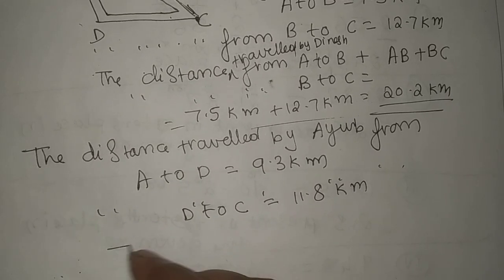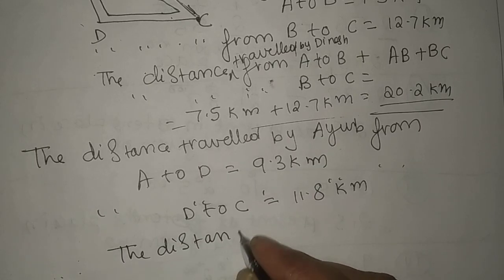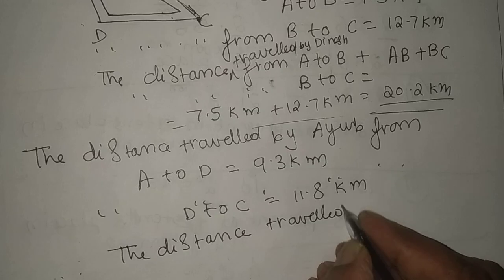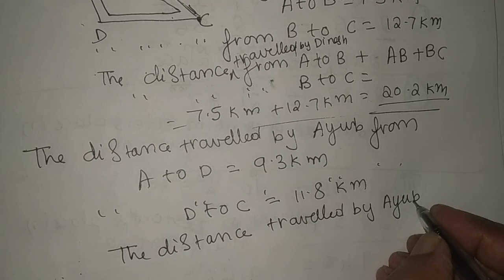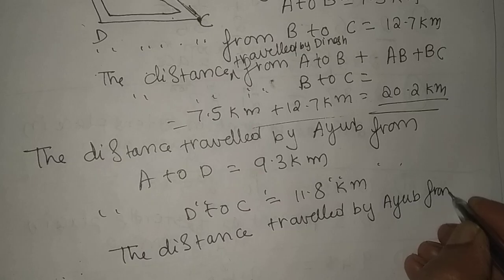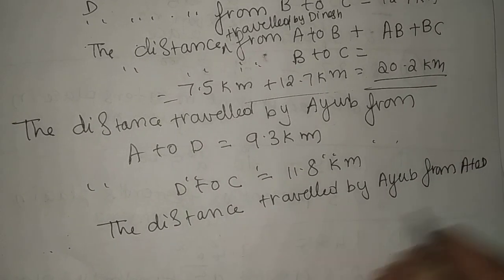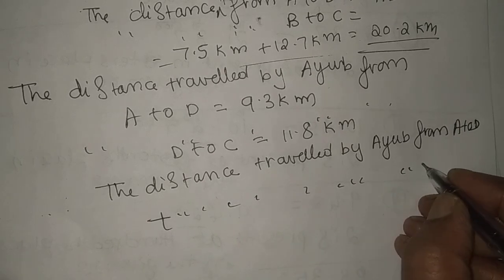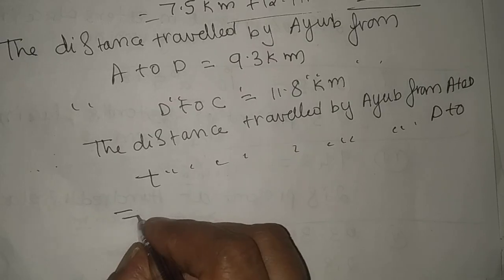Therefore, add the distance traveled by Ayub from A to D plus the distance traveled by Ayub from D to C. Add both.